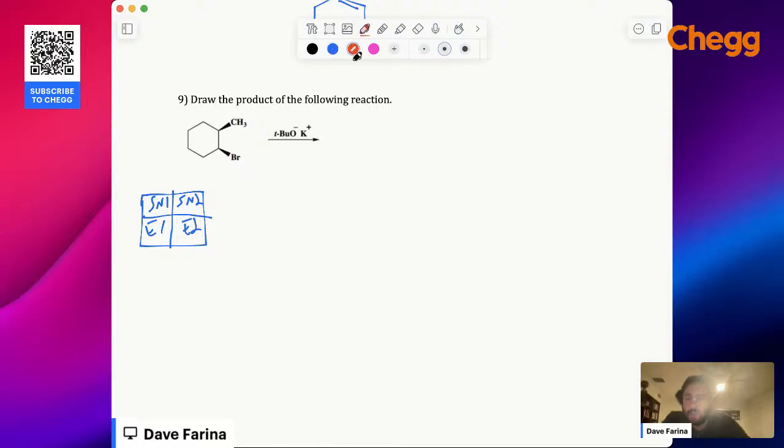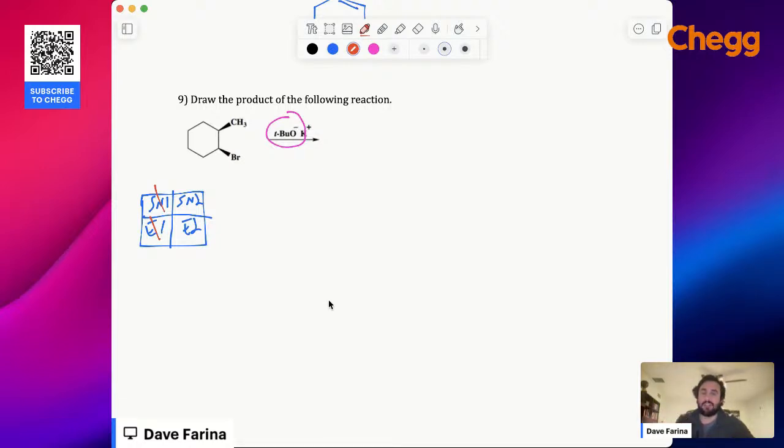We have tert-butoxide. Tert-butoxide is a very strong base. Any alkoxide is a very strong base. So that's really the first thing that you want to look at: the base or nucleophile, and look at its strength. It's very strong, and so we're not going to have to wait for SN1 or E1. We're not going to wait for a carbocation. It's going to react. It's either going to extract the proton or it's going to coordinate.